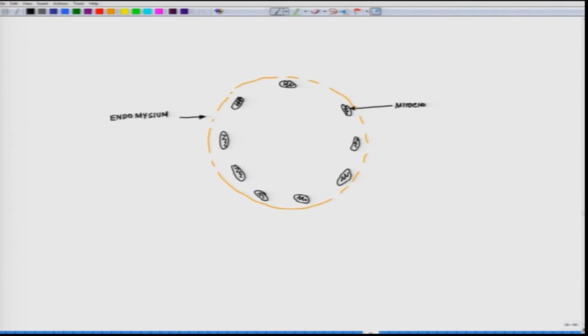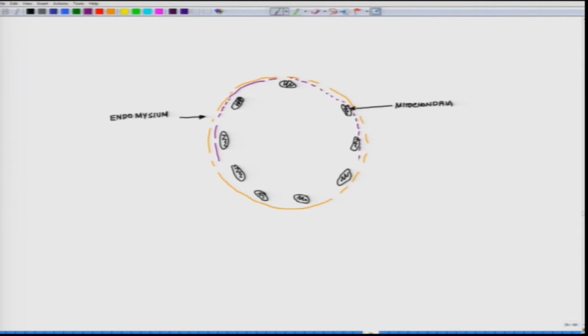The density of mitochondria is very high because they need to generate a lot of energy, and then there is an inner lining out here which is called the sarcolemma.